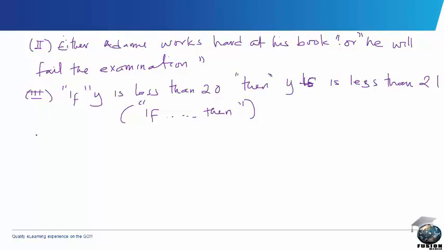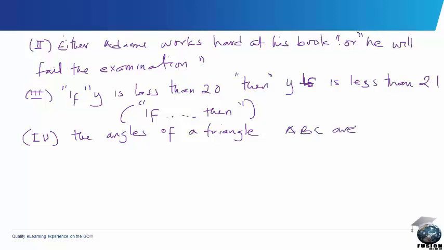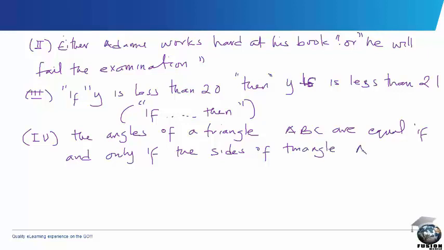All right, and then on the fourth example, we take this illustration: the angles of a triangle ABC are equal if and only if the sides of the triangle ABC are equal.